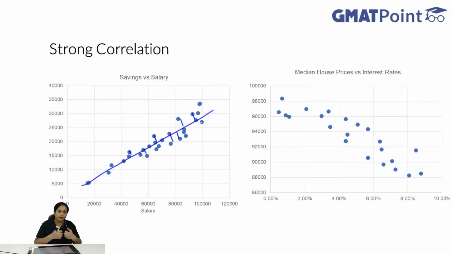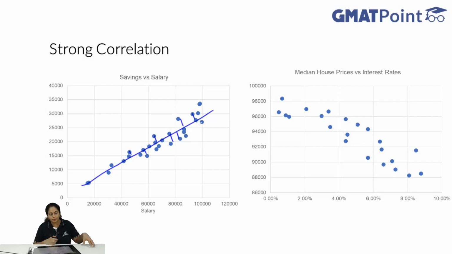What we see in this graph is a general positive trend of increase in savings with increase in salary. This correlation is not perfect, but it is a very strong correlation, because all of the points are very close to that line, showing a strong positive correlation between savings and salary.